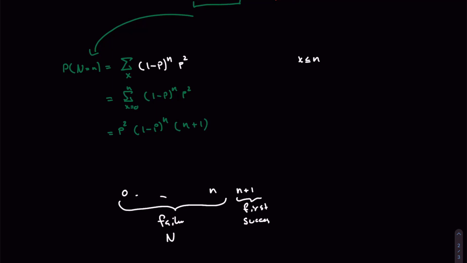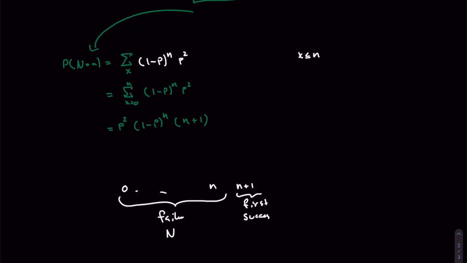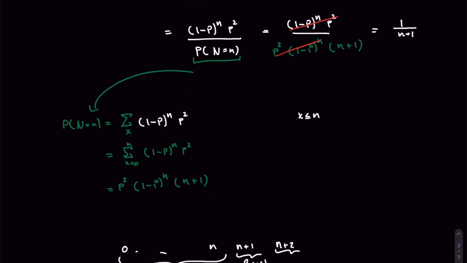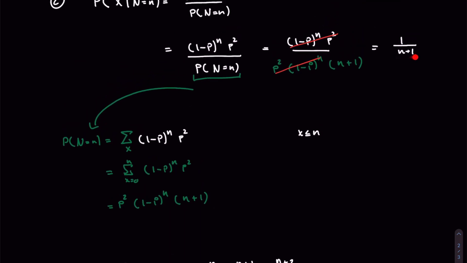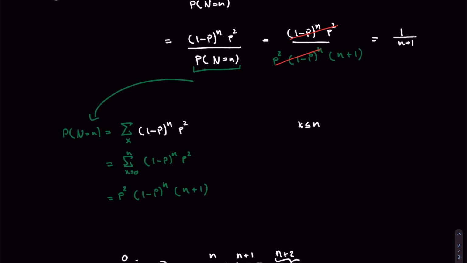That is the simple geometric, but the second success has to, at earliest, occur at n plus 2. So what this term here is saying is that it's equally likely that the first success, all failures, occur in this domain here. So that's the interpretation of this result.